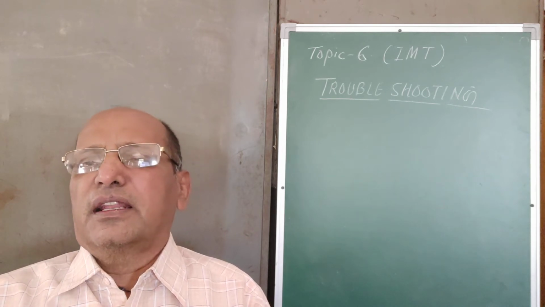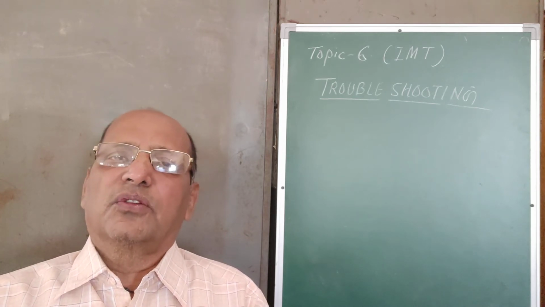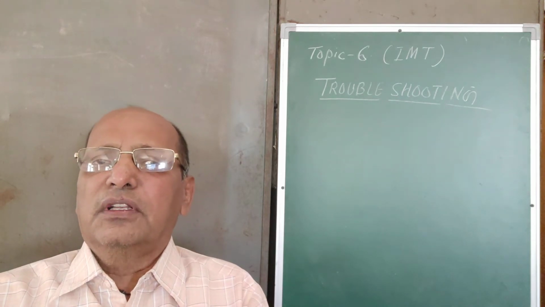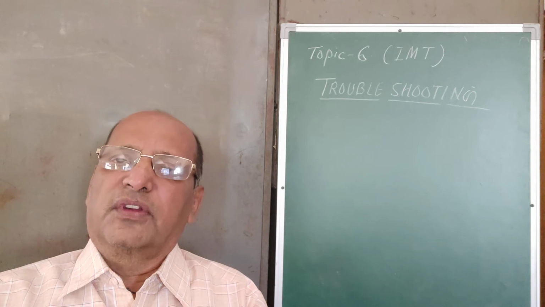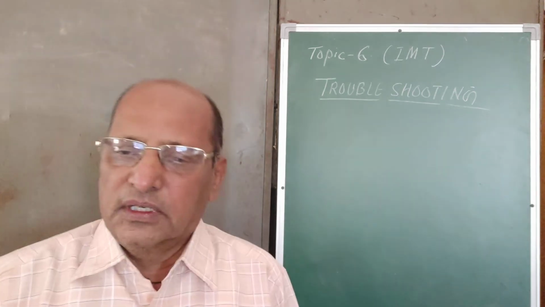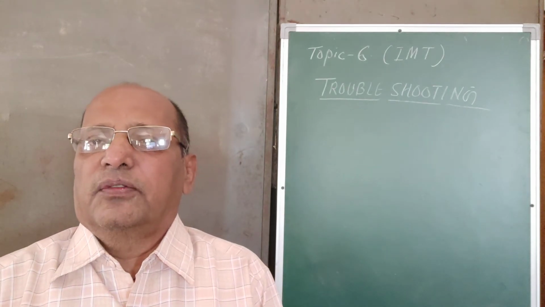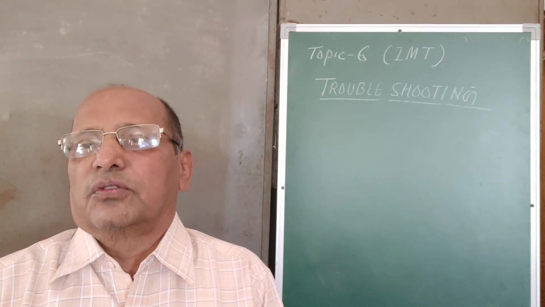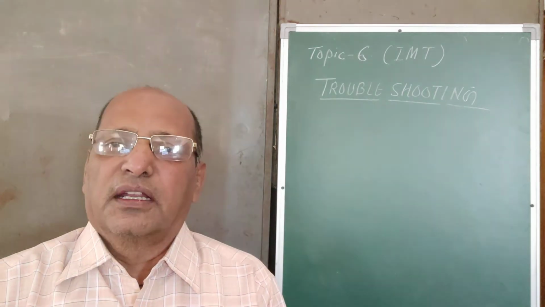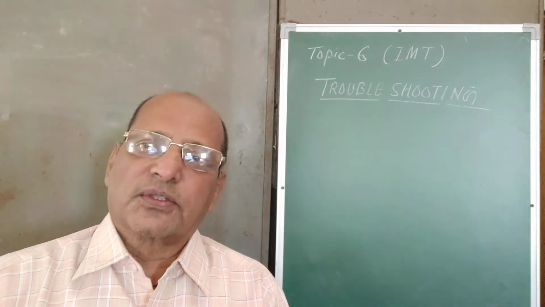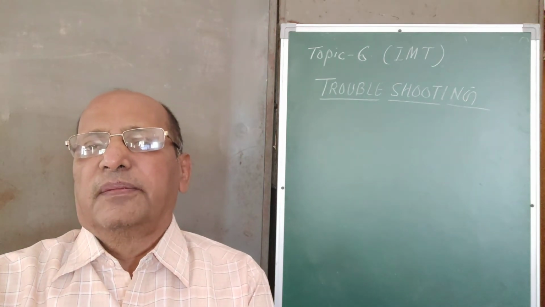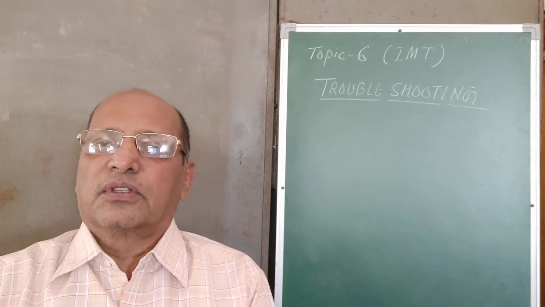Apart from these, there are a number of switchgear and protection equipment. They are also supplied by the manufacturer along with a troubleshooting chart. So you read the troubleshooting chart, and according to that you take the steps given in it.